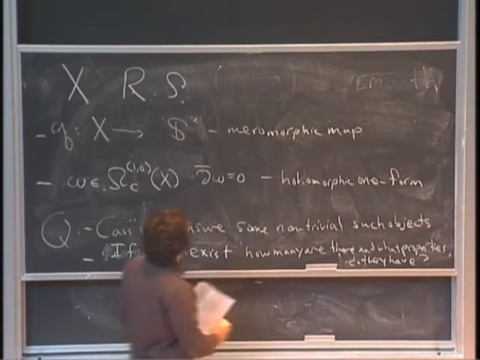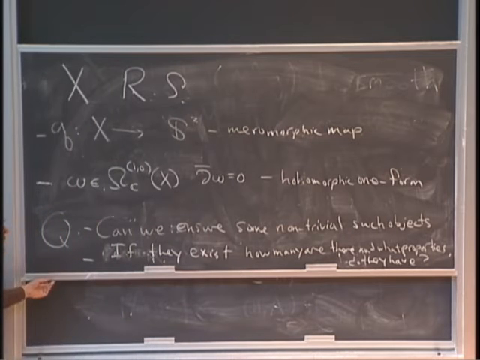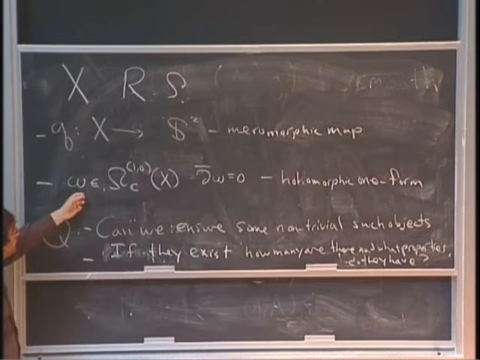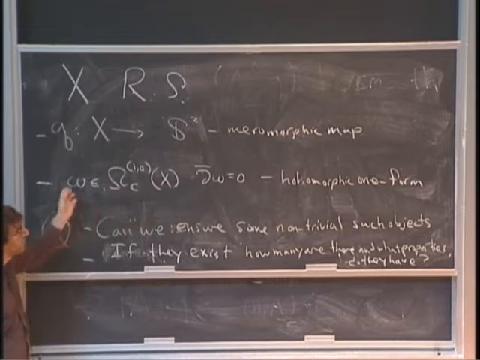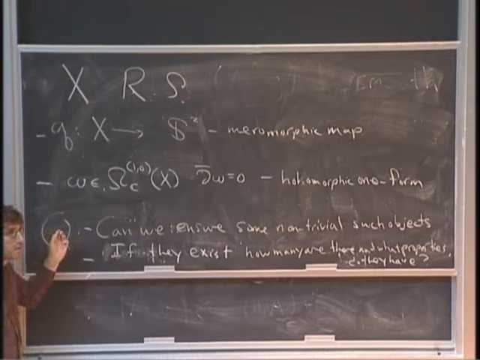As we saw, this is a somewhat non-trivial exercise. For example, one of your homework problems, for which we'll give another way of showing it that maybe explains it a bit better, is that if X is the Riemann sphere, then there's no holomorphic one form.